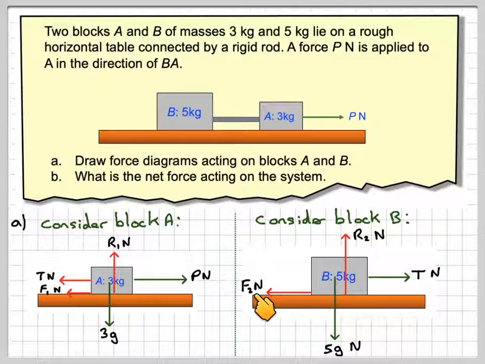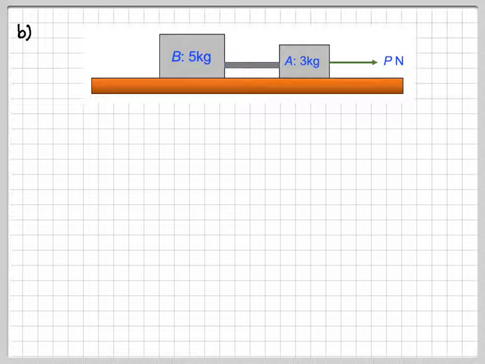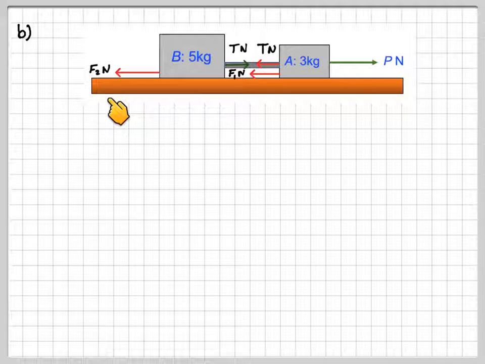We also have a different frictional force here, which is F2 newtons. So we've got F1 newtons there and F2 newtons here.